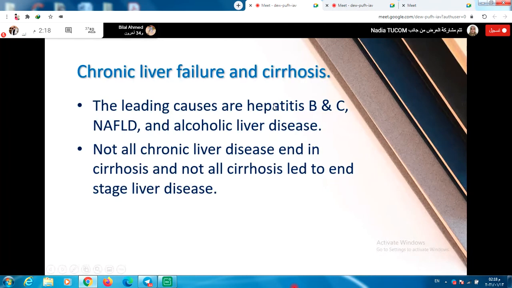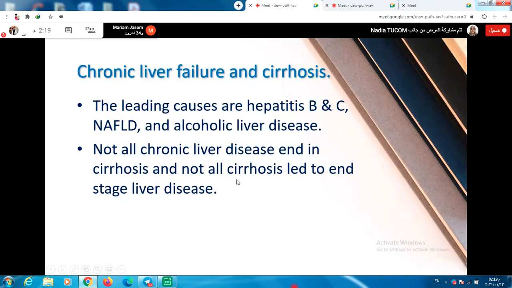The leading causes of chronic liver failure and cirrhosis are hepatitis B viral infection, hepatitis C viral infection, non-alcoholic fatty liver disease, and alcoholic liver disease. According to subjective patient factors, not all chronic liver disease and not all cirrhotic livers lead to the stage of liver failure.